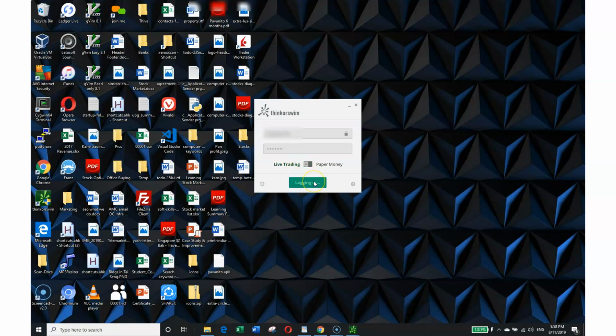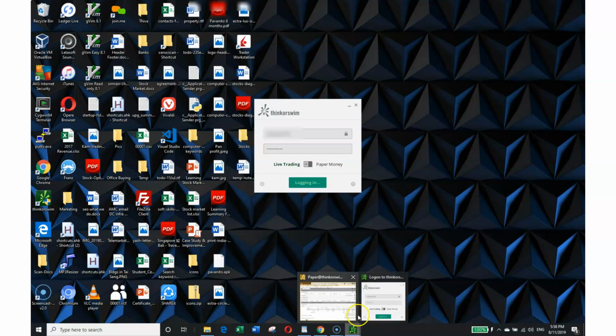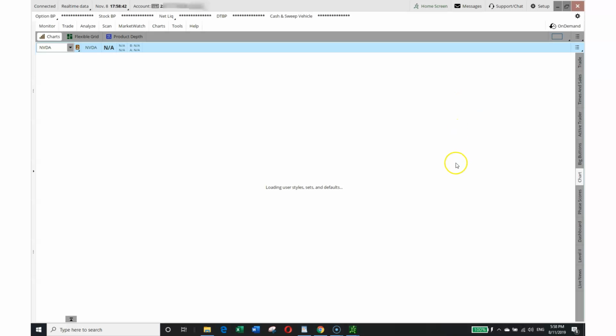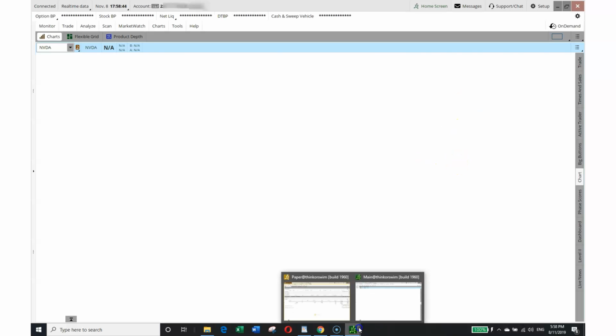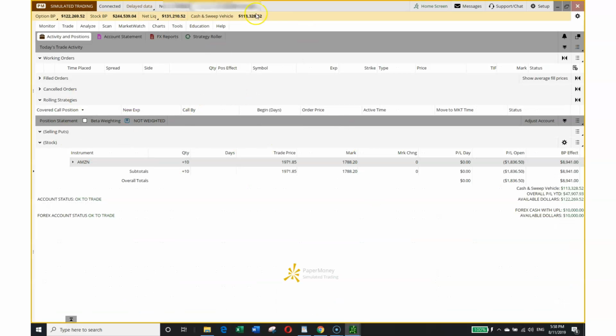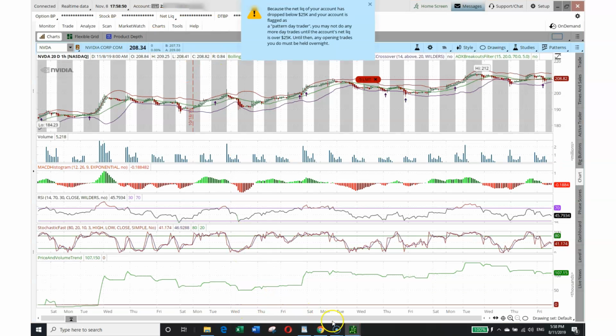All right, so now I will have my actual account and my paper account both running at the same time. That's the paper trading and that's the actual account, both running at the same time. You are able to place some paper trades in your paper trading account, and some live trades in your live trading account.